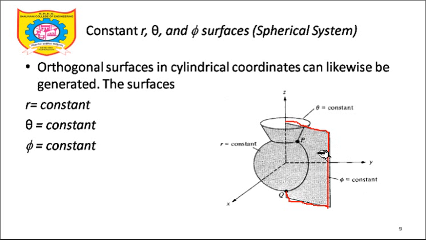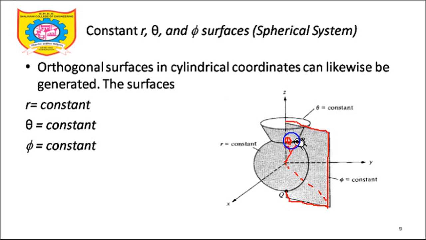What surfaces can we have? See here, phi equal to constant. That means r will be varying. If I draw a line here, something like this, r is varying and theta is varying. Theta is the co-latitude, the angle made with respect to the positive z axis. So this is the theta angle.